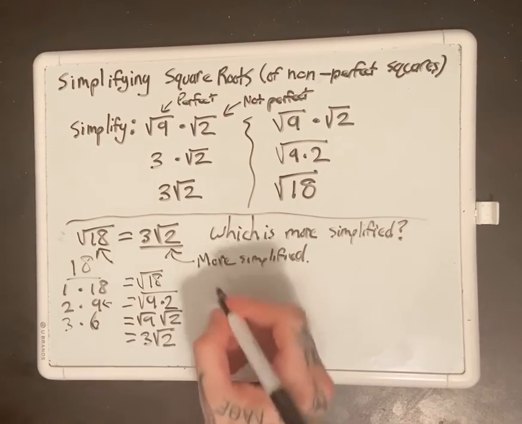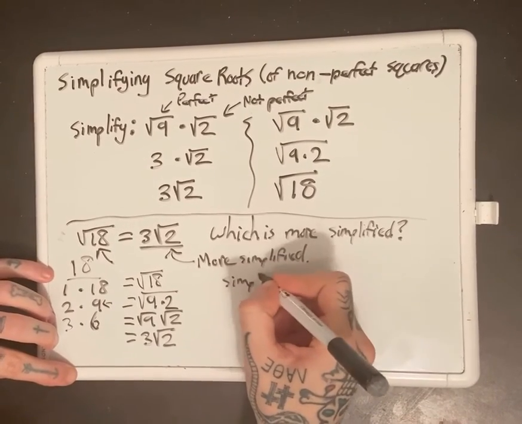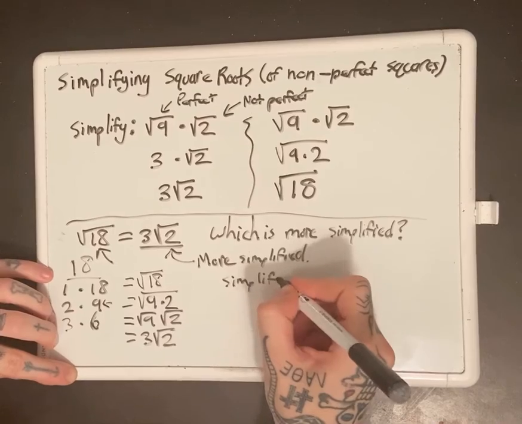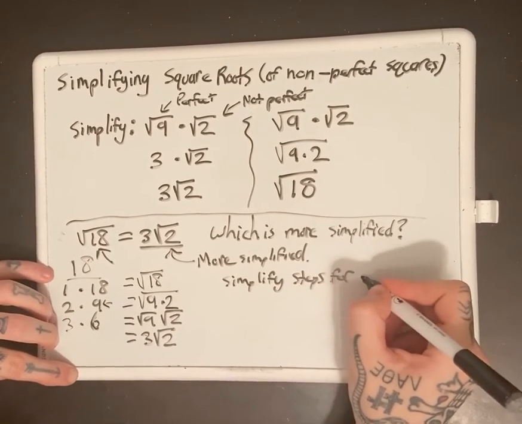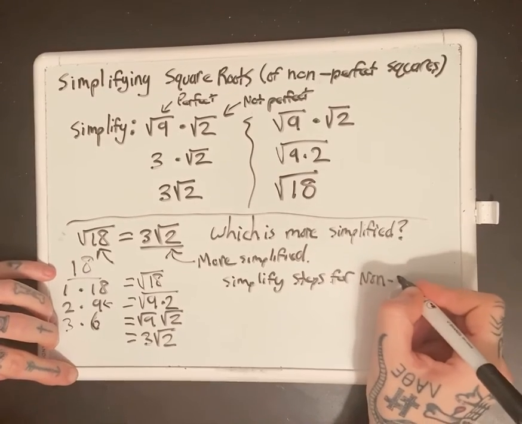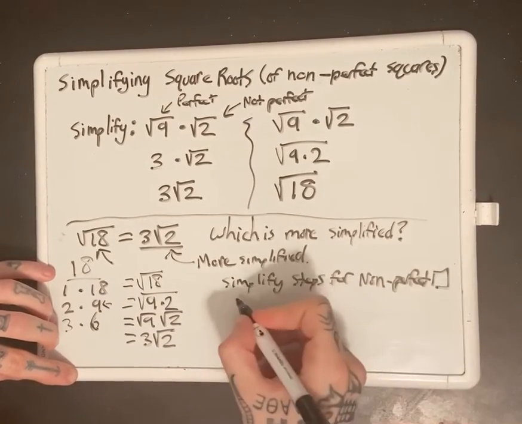So, simplify steps for non-perfect square, okay?